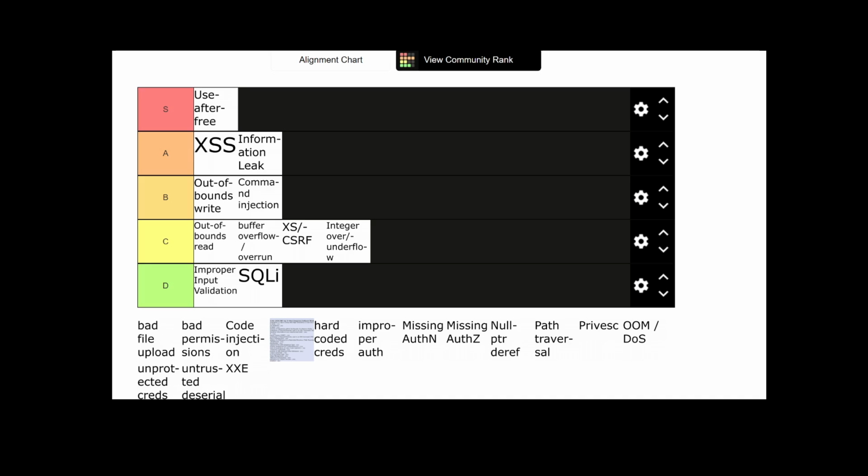I have improper limitation of a path name to a restricted directory, or path traversal. I think path traversal is good. I'm going to put path traversal.